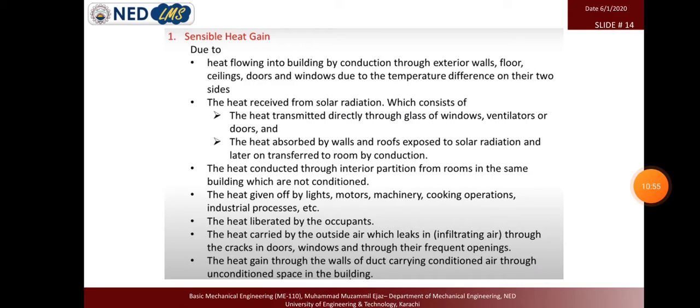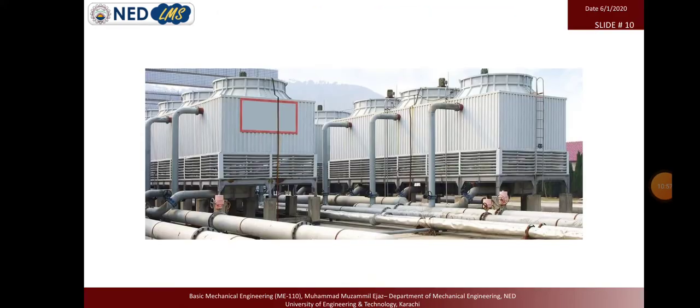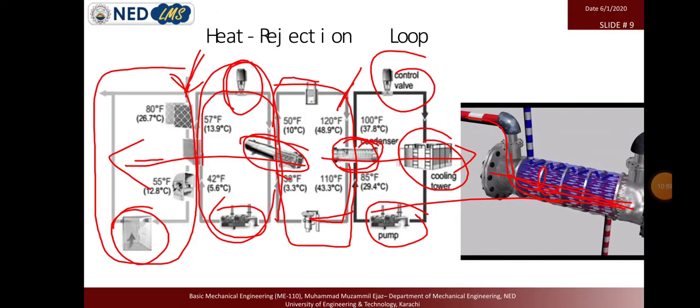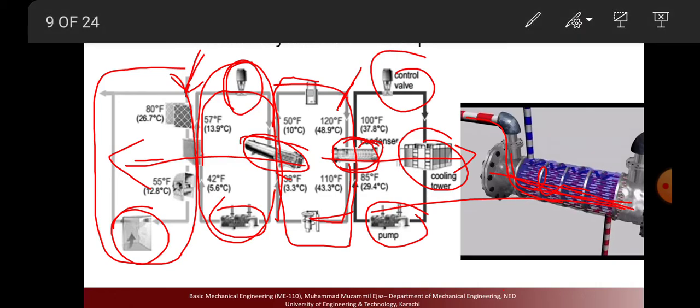But in many offices, in commercial buildings, or in industrial setups, we cannot directly cool down the air by the refrigerant, so we use the cycle of the air cooled chiller system, just like here, where refrigerant gases cool down the water, and chilled water goes into the air handling unit that cools down the air.